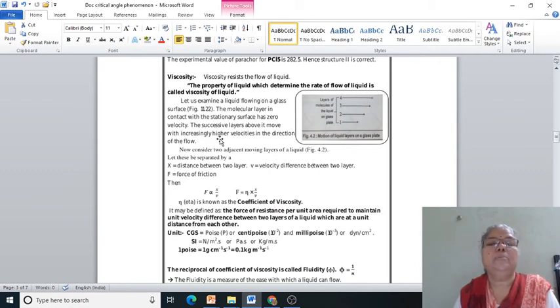Then how the surface tension is determined we have seen, and today's next physical property is the viscosity.